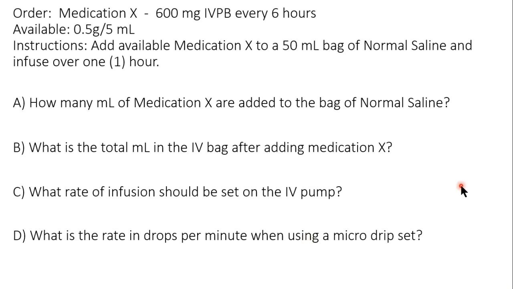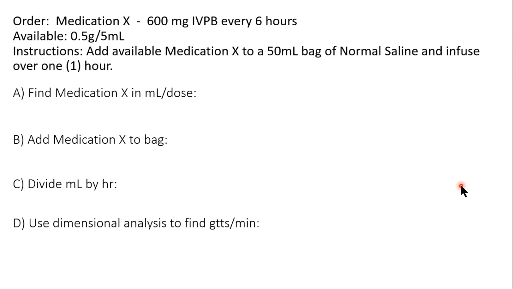So for the first part, find medication X in milliliters per dose. So we've set it up as milliliters per dose. We have available 5 milliliters over 0.5 grams times we are set to order 600 milligrams.